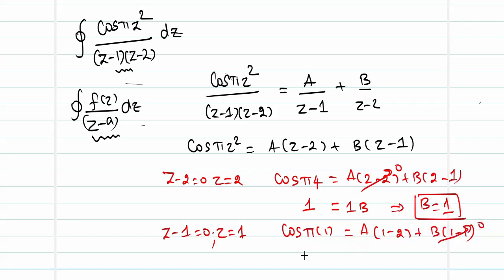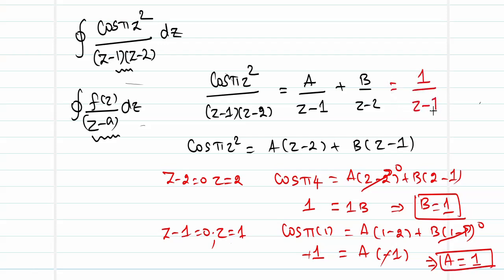So I have cos π, which is −1, equal to A into (1 − 2), that is again −1. So the minus signs cancel off, and A takes the value 1. Now putting it back, I have 1 divided by (z − 1) plus B takes the value 1, divided by (z − 2).